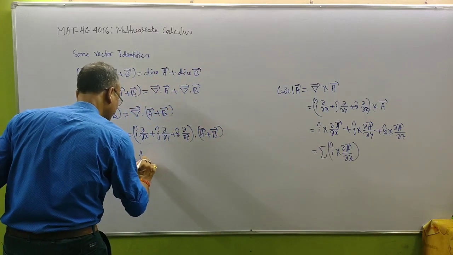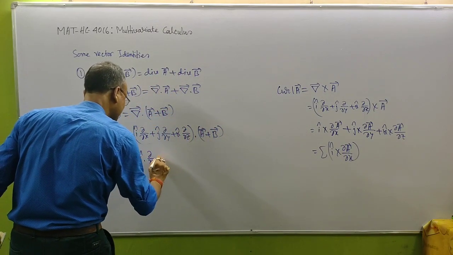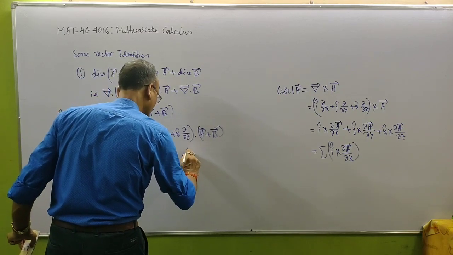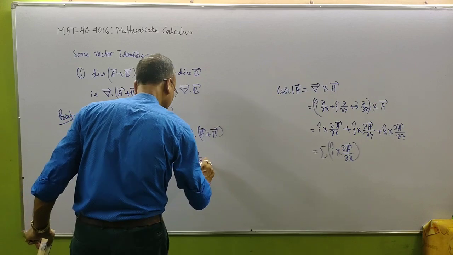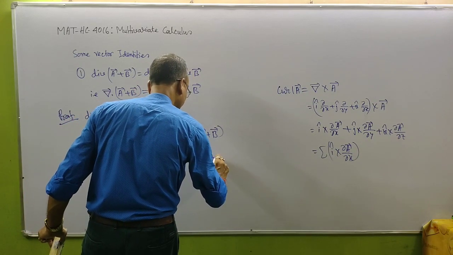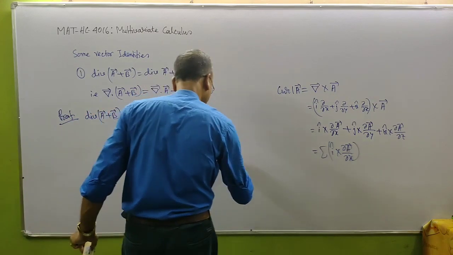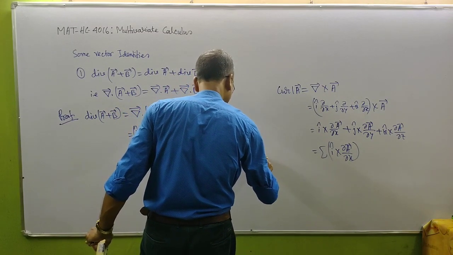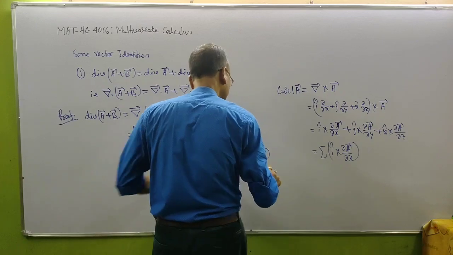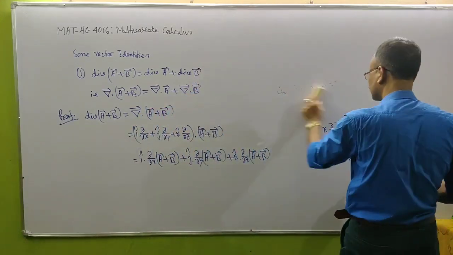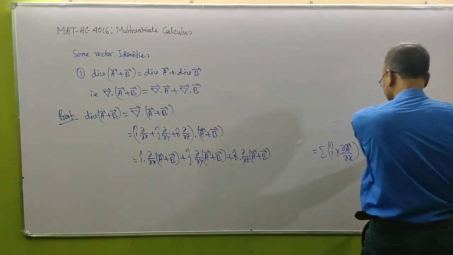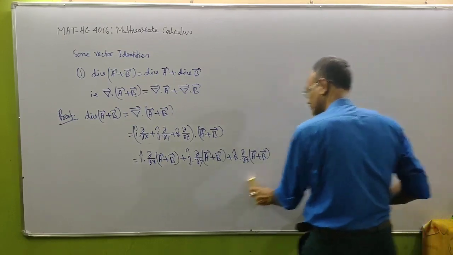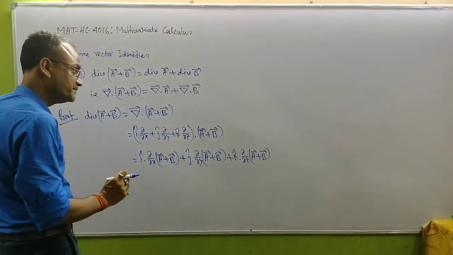This is equal to i cap dot ∂/∂x (A plus B) plus j cap dot ∂/∂y (A plus B) plus k cap dot ∂/∂z (A plus B).